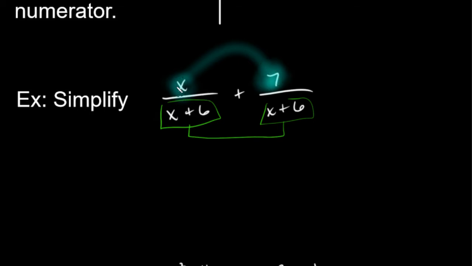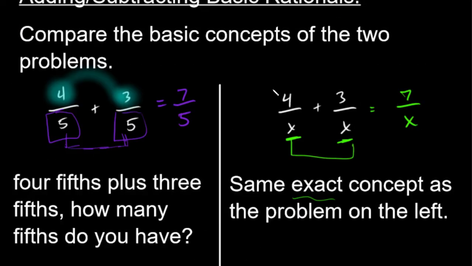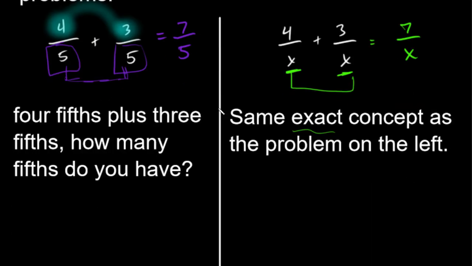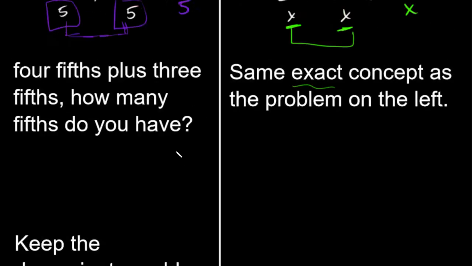So if we have x of these, and then we have 7 of these, then we have x plus 7 of these. You add across the numerator. We don't know what x is, but that's fine. It's the concept that's important. Even though you might not know what x is, the idea is exactly the same.